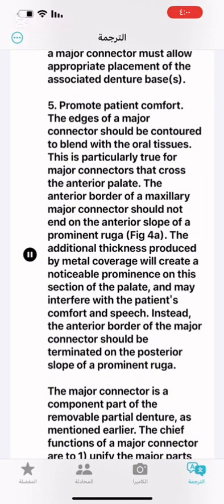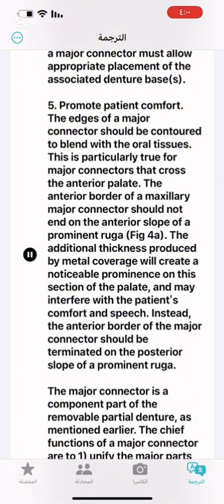This may lead to tooth mobility or tooth loss. The concentration of forces upon small segments of the residual ridges may cause resorption of the hard and soft tissues. This may result in decreased ridge height and decreased support for the associated denture bases.